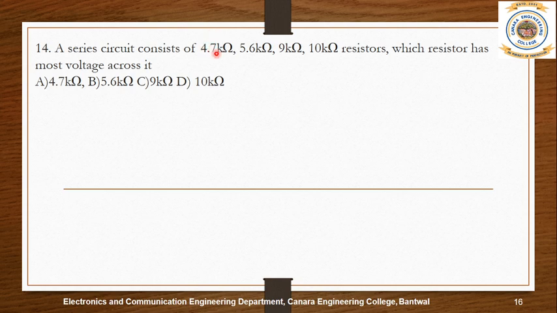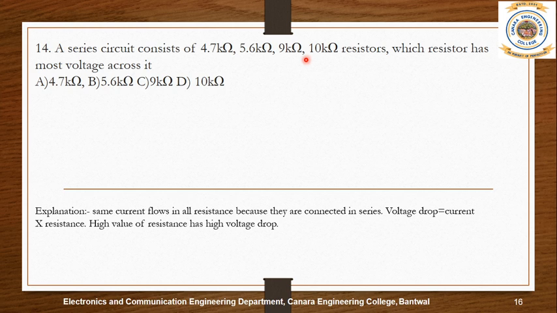So current through all these elements remains the same, and voltage drop across each element is equal to I into R. So the voltage difference is based on the value of the resistors. So maximum voltage drop is across the maximum resistance, that is 10 kilo ohm. So option D is the right answer.